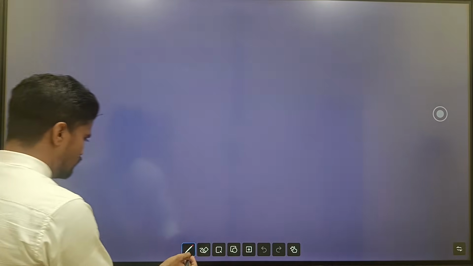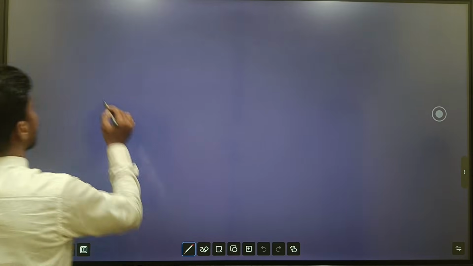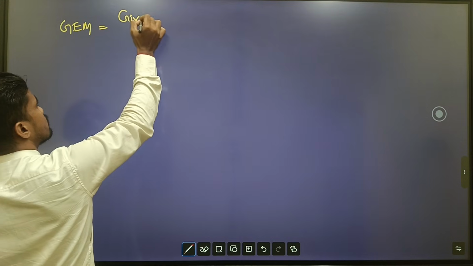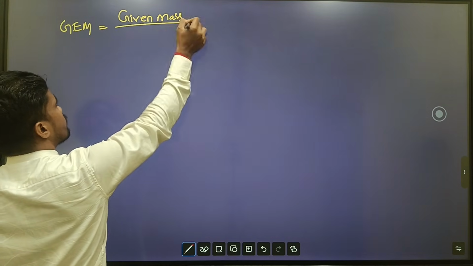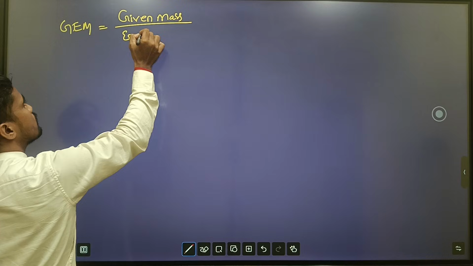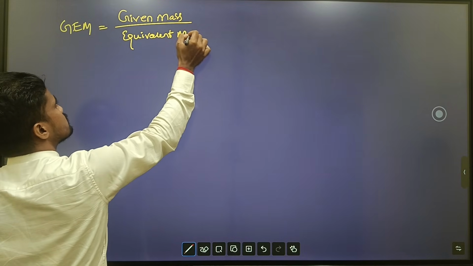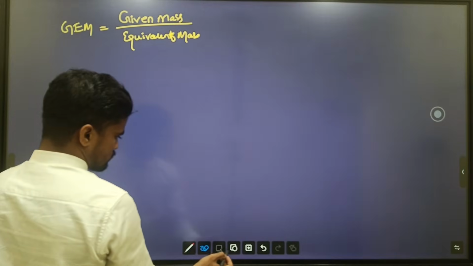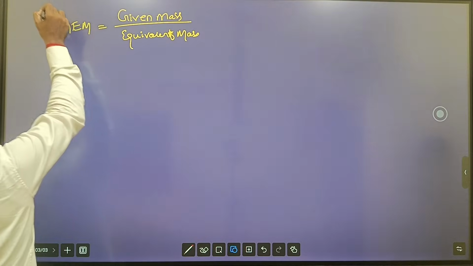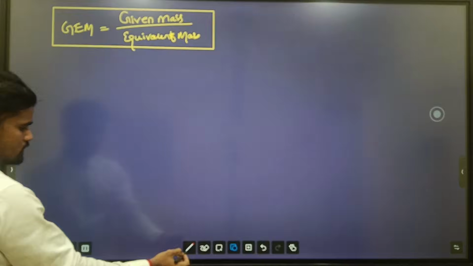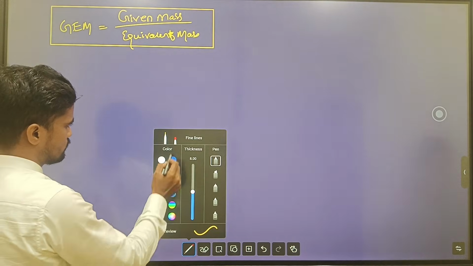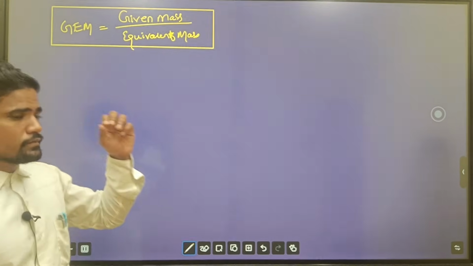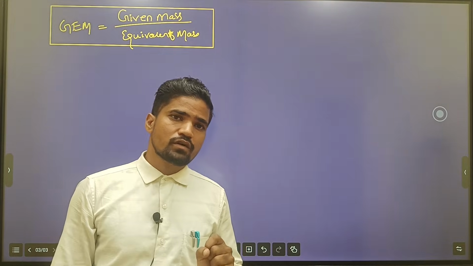So before that we also need the equivalent mass. So we need the gram equivalent mass of the solute, that is, for sodium hydroxide.